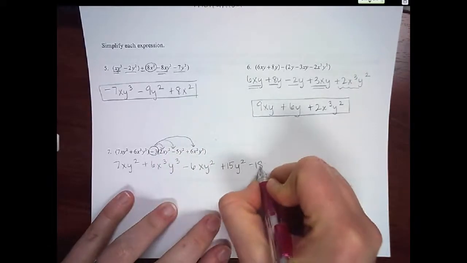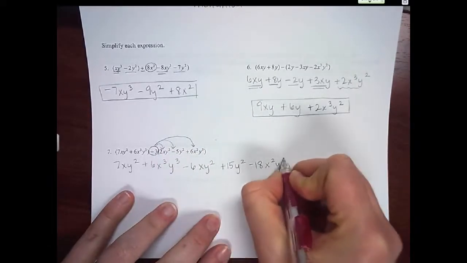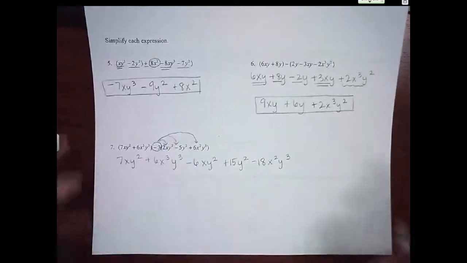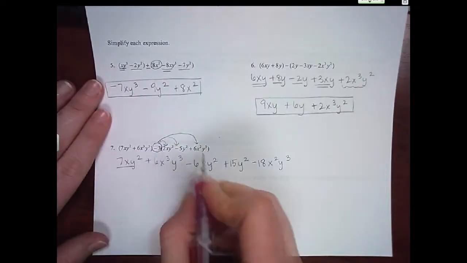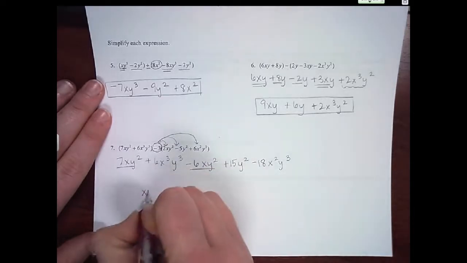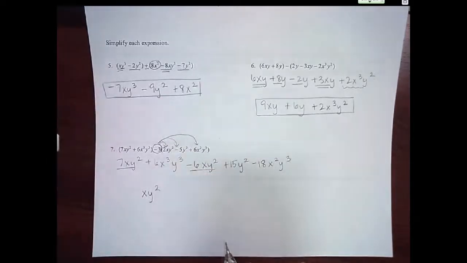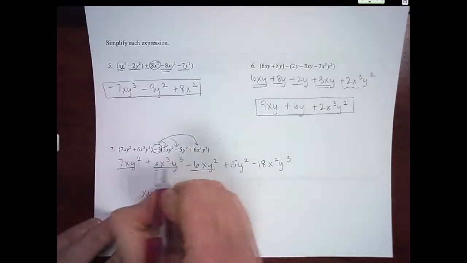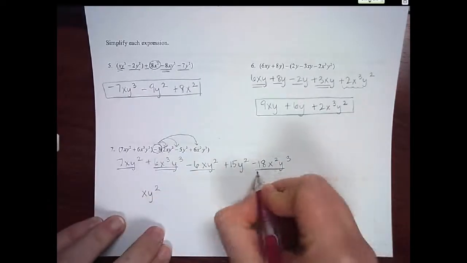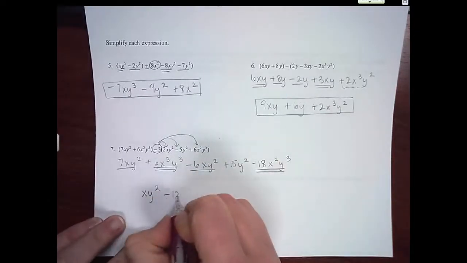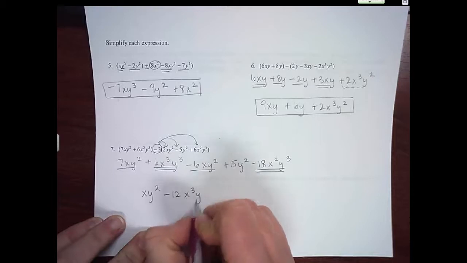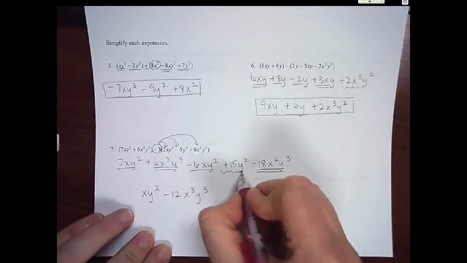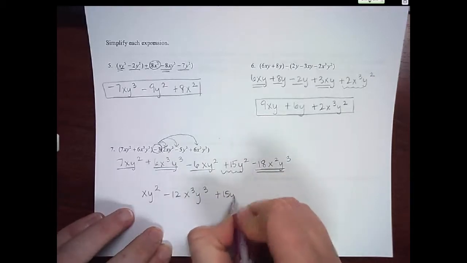And then negative 18x squared y cubed. Now I'll combine like terms. So I have 7xy squared minus 6xy squared is xy squared. 6x cubed y cubed minus 18x cubed y cubed would give me negative 12. And then I have this 15y squared by itself.